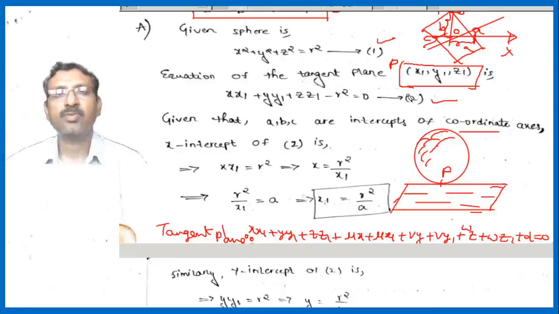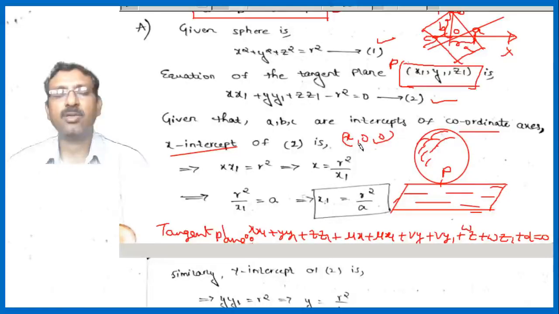First we find the intercept on the x-axis, called the x-intercept of the tangent plane. Generally we find intercepts by substituting some x, 0, 0, to find the intercept on the x-axis.